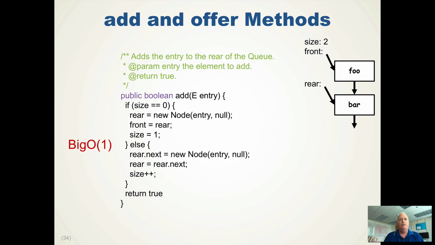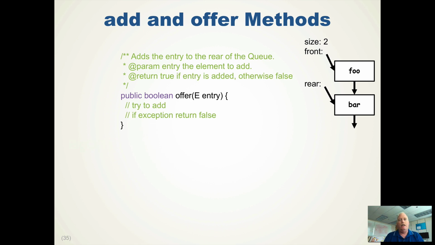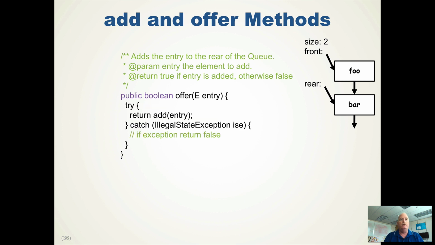The offer method is similar to add, but instead it does not throw an exception, it returns false. So a simple way to do this is you try to add, and if it throws the exception, you return false. So we can try to return the add. If that succeeds, we return true, and the entry is in the rear of the queue.